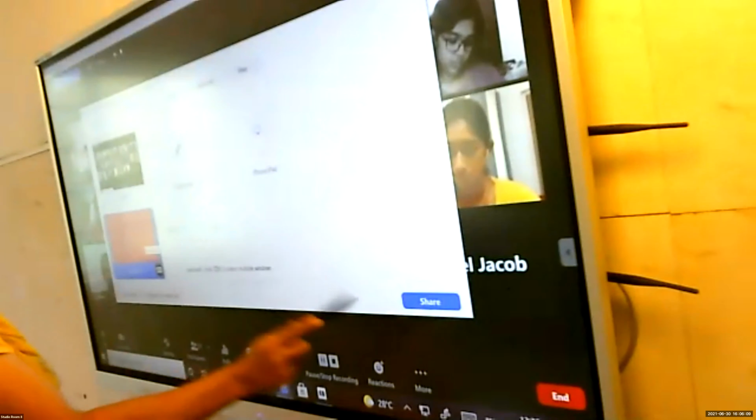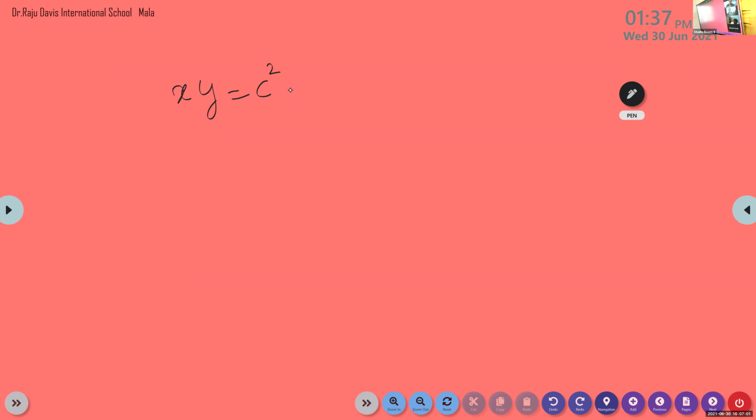If xy is c square, look here, x and y are coming in product. So shall we write 1 into dy by dx is 0, since the derivative of a constant is 0? Can we write like this? The derivative of x is 1 and the derivative of y is dy by dx and the constant is 0. So 1 into dy by dx is 0. Is it correct?